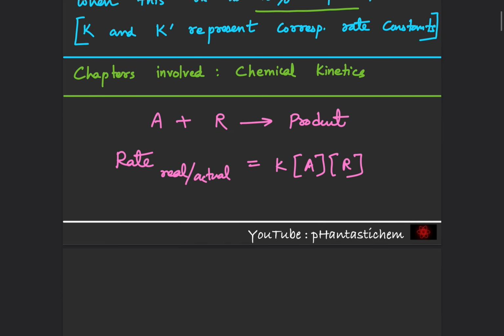But if one of the reactants is present in large excess, okay, for example, one of the reactants might be a solvent, then when it is present in a large excess, its concentration will remain almost constant. Okay, very important.